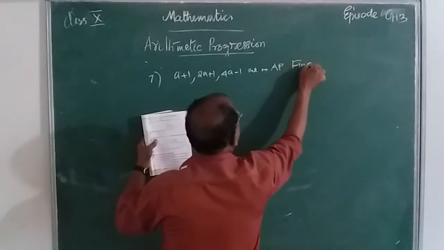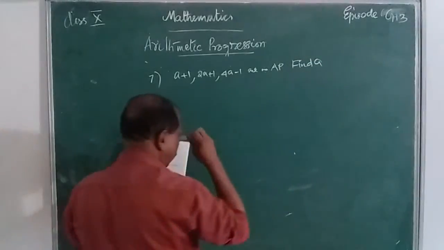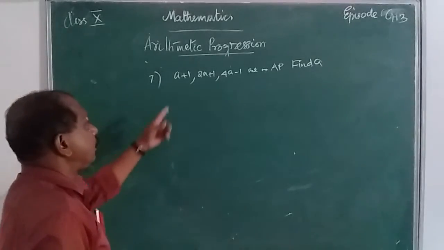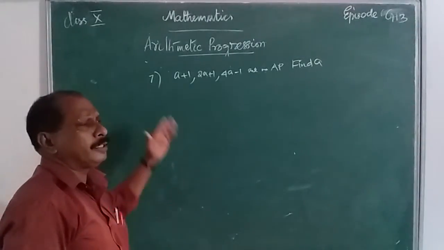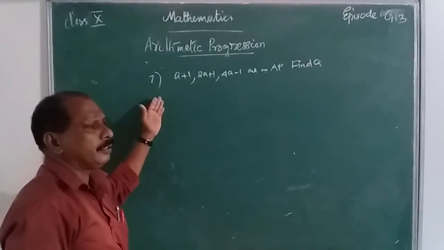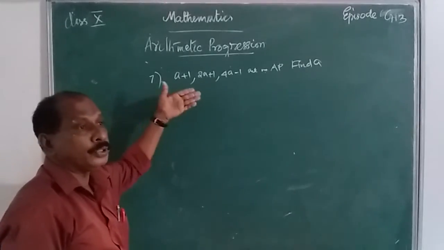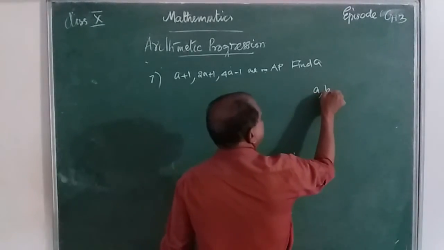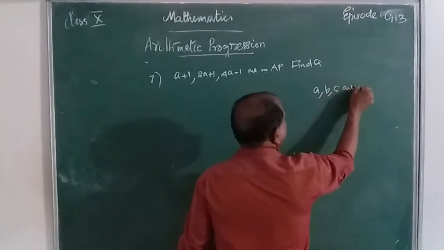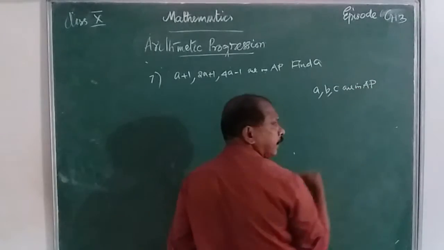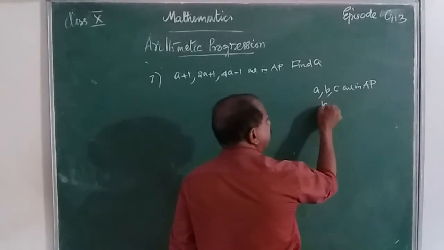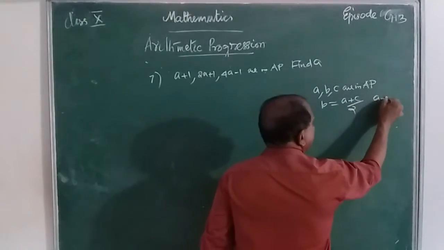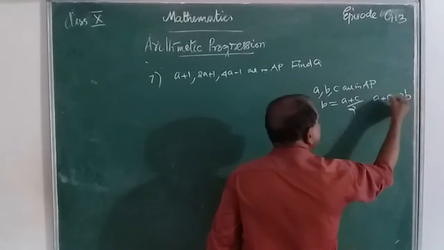Find the a. That is the seventh question. Listen, there are 3 terms. That means first plus last by 2 is equal to second. That means a, b, c are in AP. We know that is arithmetic mean. b is equal to (a plus c) by 2, or a plus c is equal to 2b.